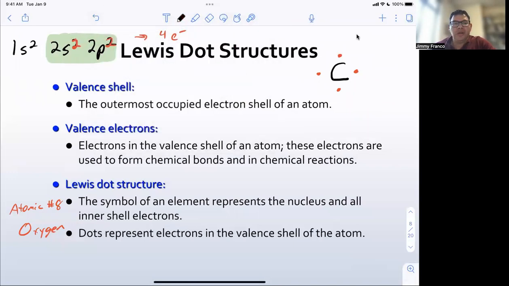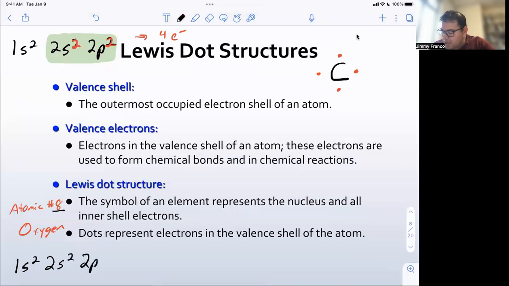All right, so your electron configuration, remember we start at the bottom. So it's going to be 1s2, 2s, and then 2p.